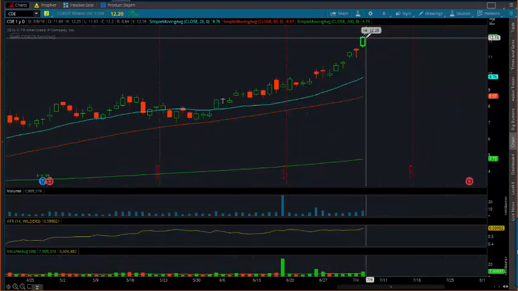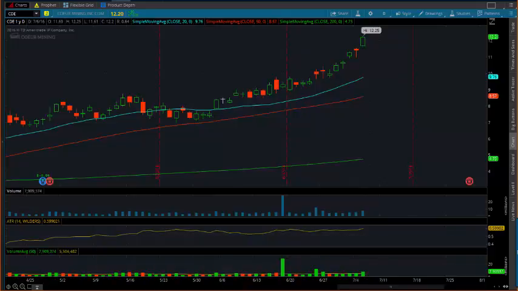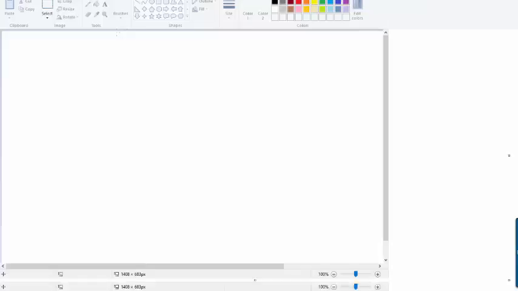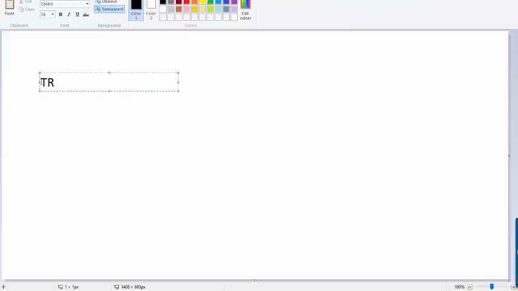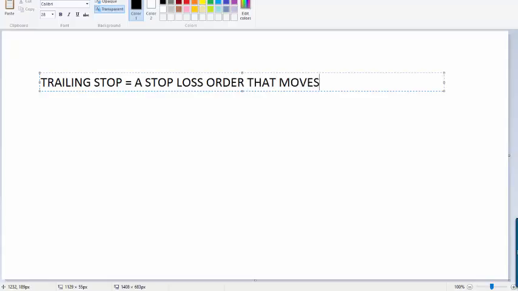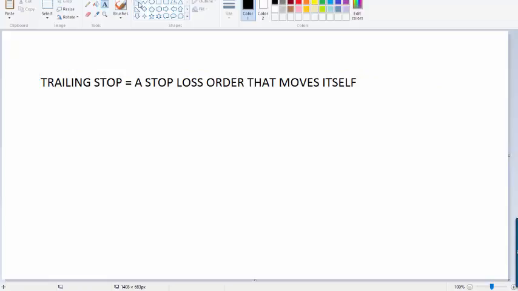And I'm going to use a concept called a trailing stop. Okay, trailing stop. A trailing stop essentially goes like this. It's when you use a stop loss order that moves itself. Okay? No Harry Potter magic in that, just moves itself.